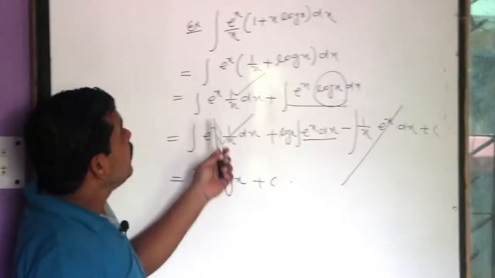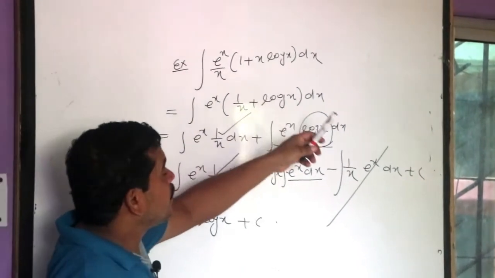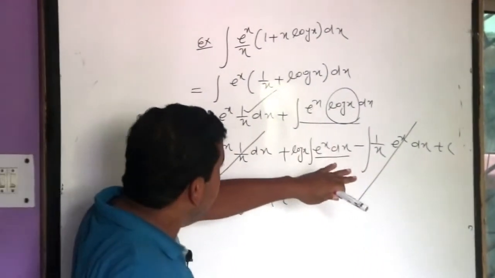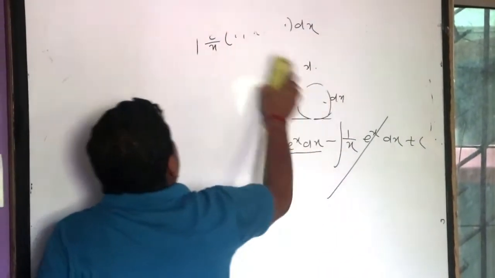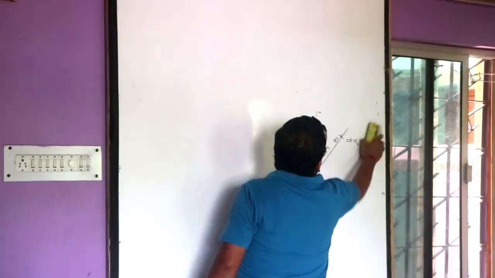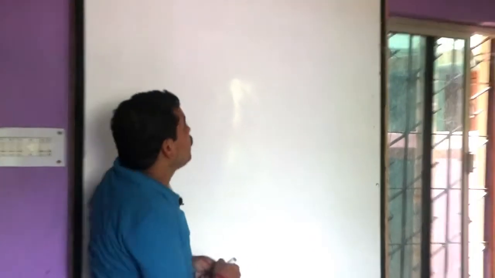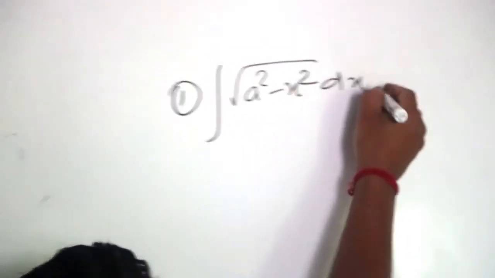So when the exponential function comes with a function plus its derivative, then we have to evaluate the integration like this. In this chapter we will discuss three important formulas. So that is, first formula is root over a square minus x square dx.